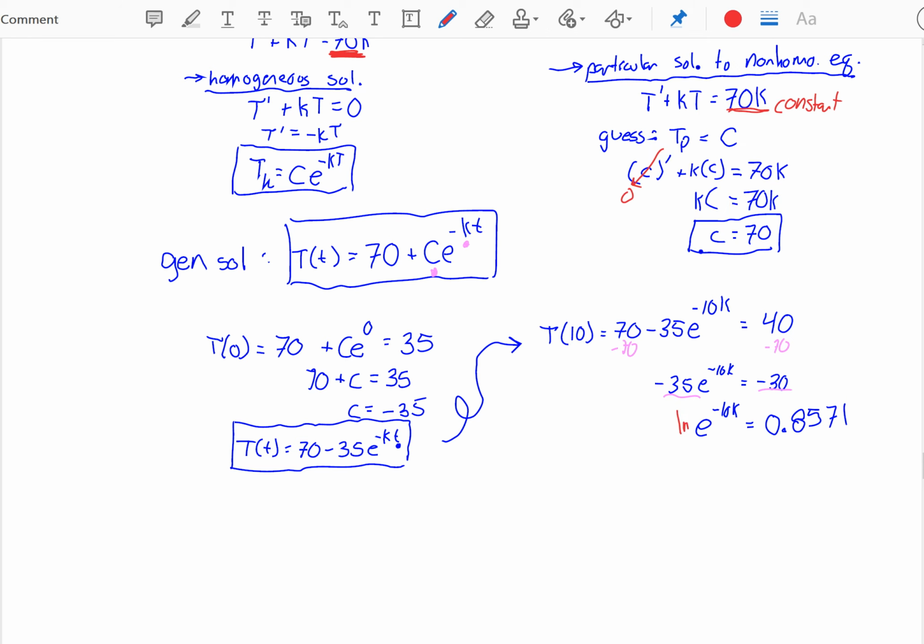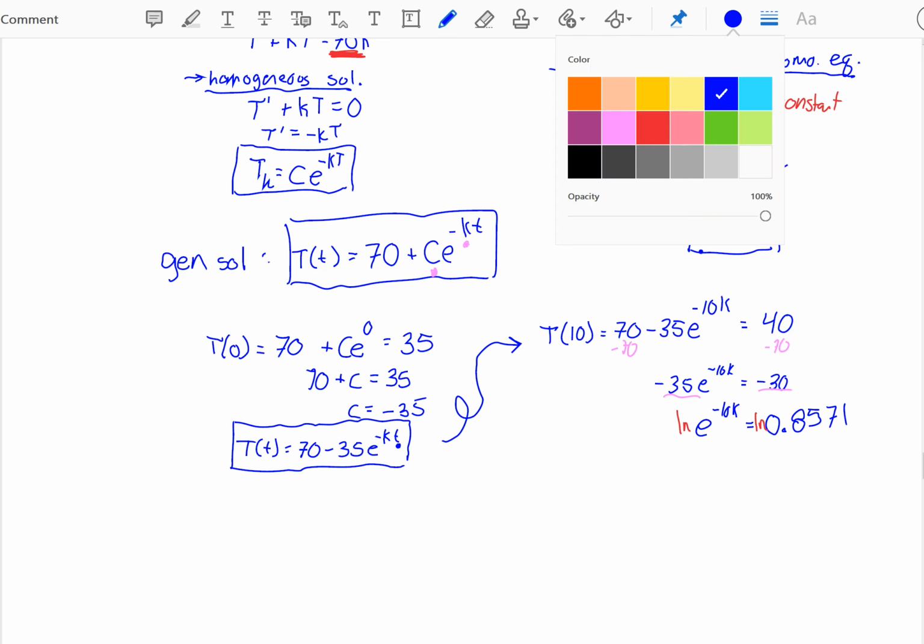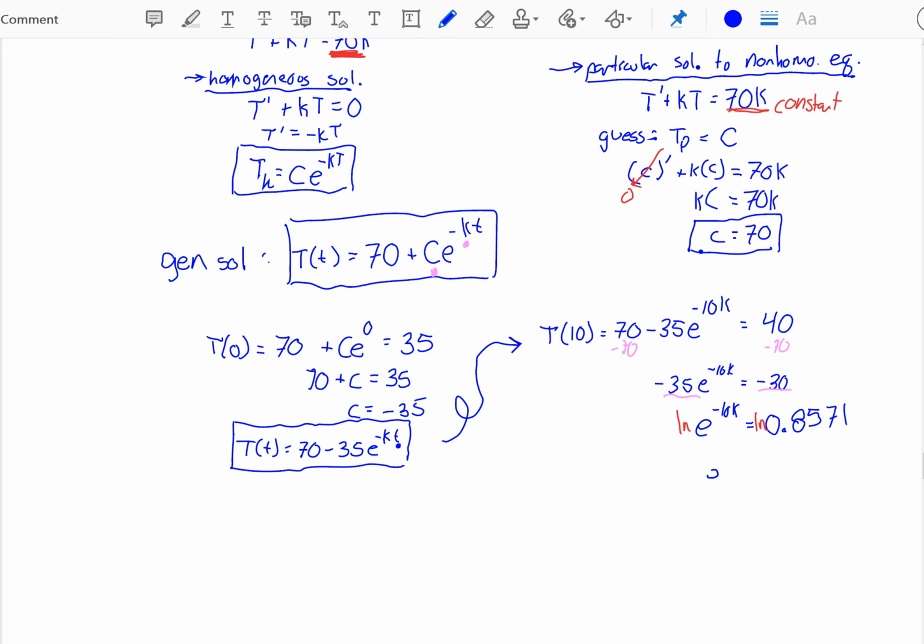We'll then apply a natural log to both sides of our equation to get e to the negative 10k is equal, nope, I took a natural log. That e is not going to be there anymore. It's just going to be negative 10k is equal to the natural log of 0.8571.